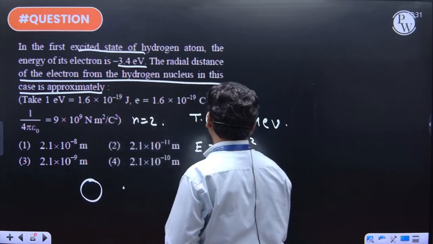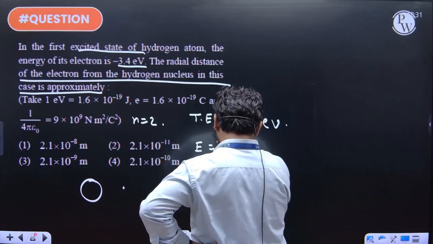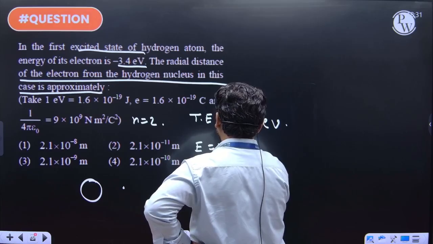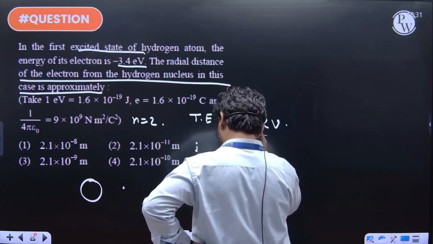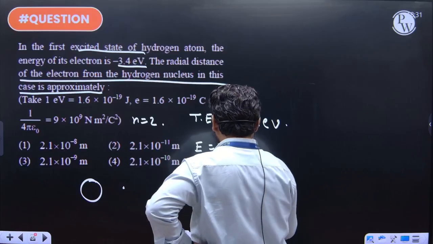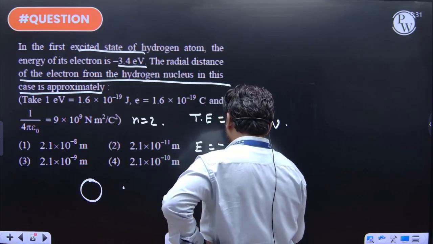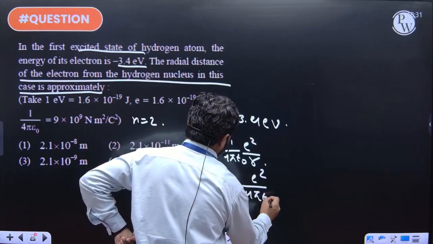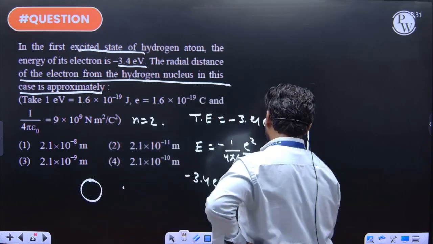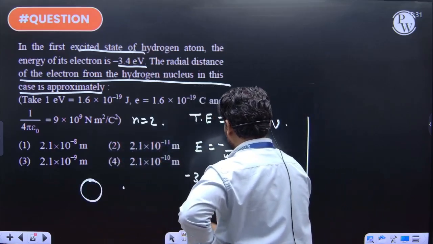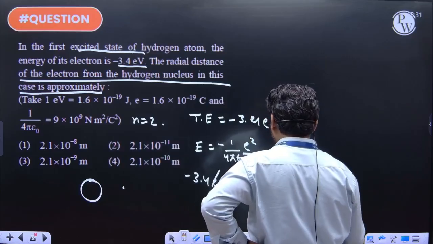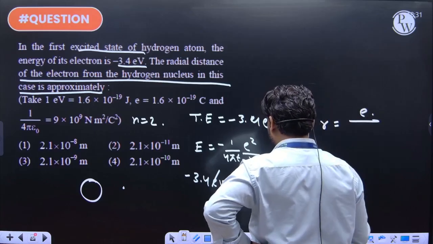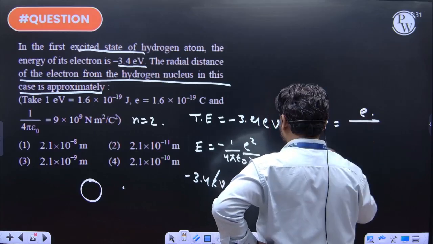One more formula is there that I'll give you. Radius of hydrogen atom. How much we will get? From there r we have to calculate. So E square divided by 4 pi epsilon naught into r. So r value you can calculate, you can put it 1 E and E will cancel it out. So r equal to E divided by 1 by 4 pi epsilon naught.